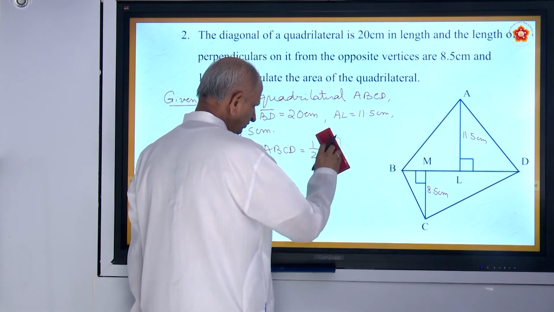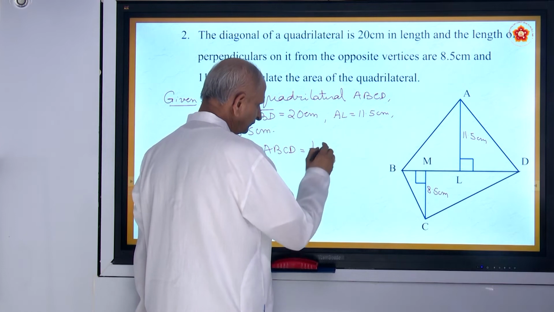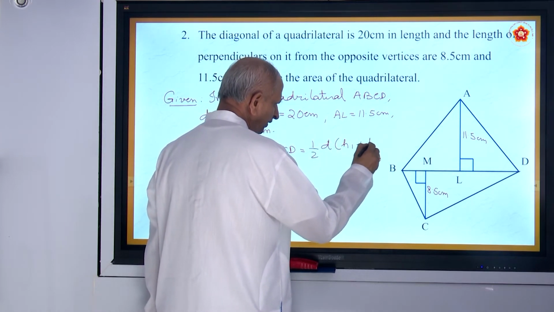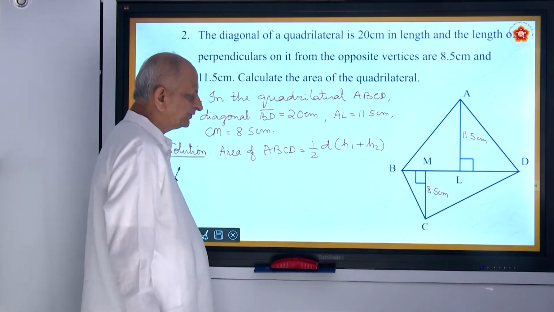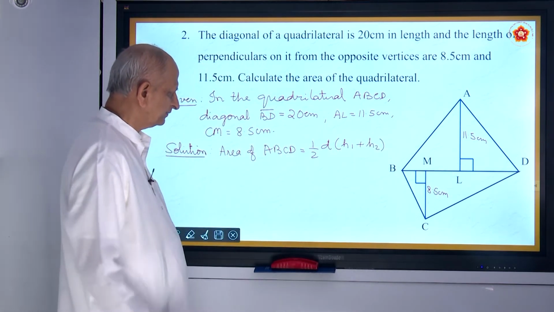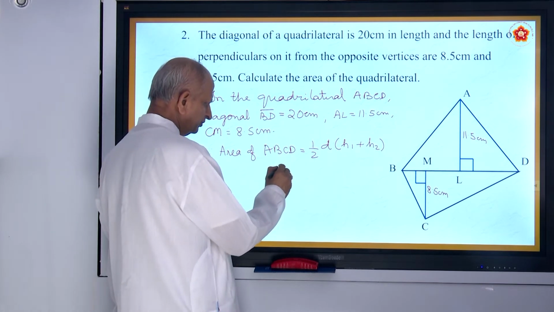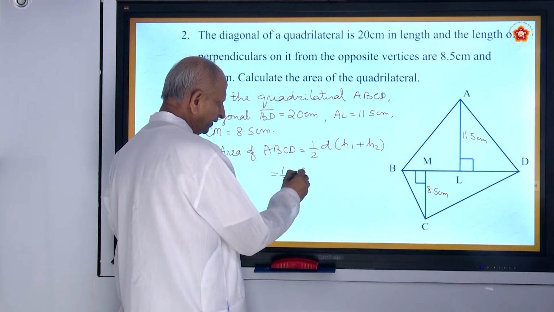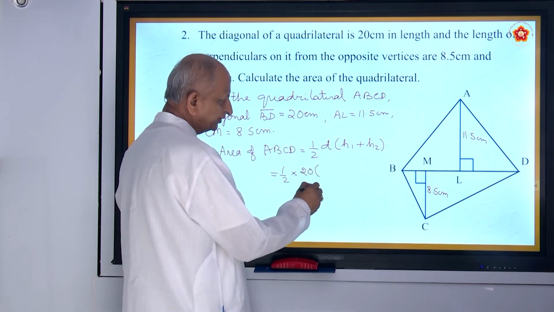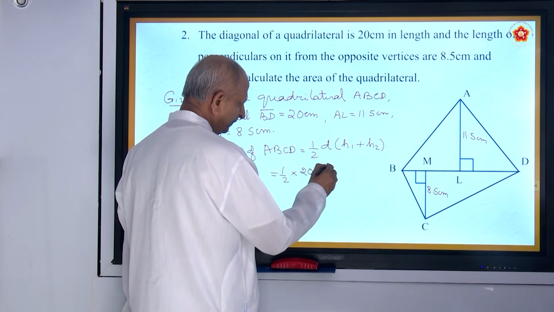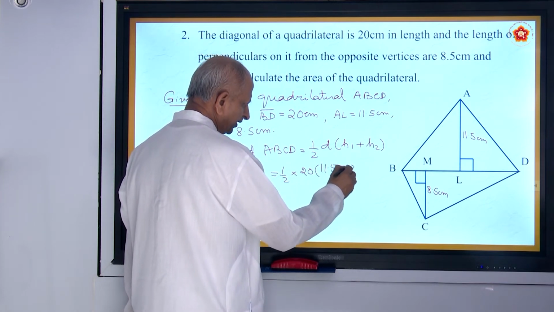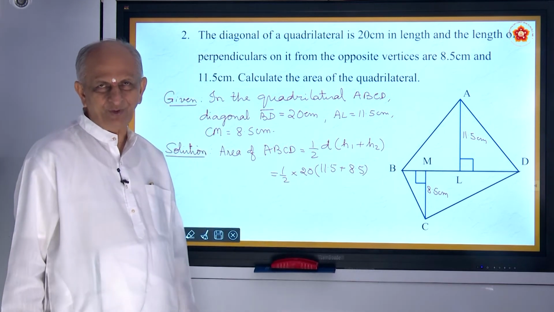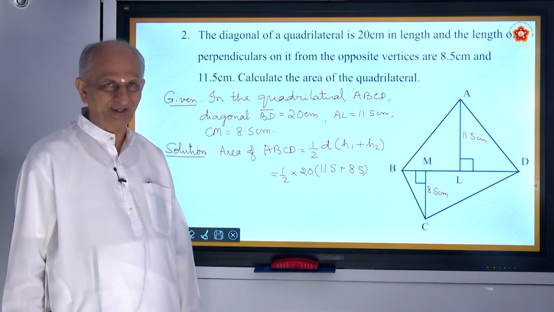Not H here, this is half of D. What is D? Diagonal. H1, H2 are the heights from opposite vertices. So you have half of, what is D? Diagonal 20. What is H1, H2? H1 is 11.5, H2 is 8.5. Very simple. Noting down? Okay.